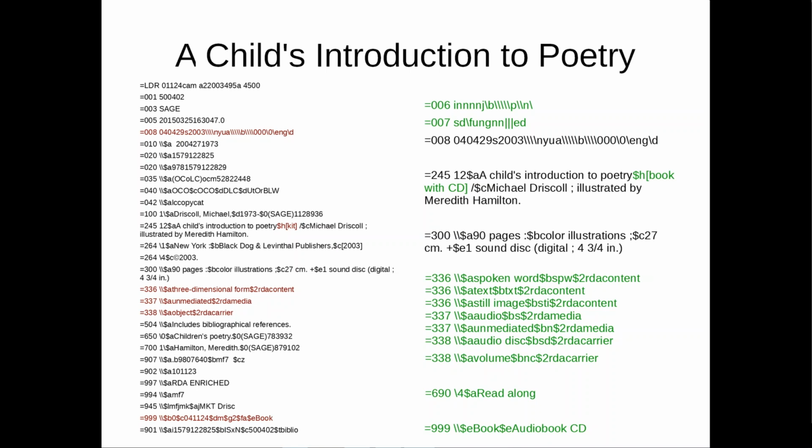And then in the 300 field, we've got the description of the book, with sound disc or CD as the subfield E. In the original record, only one set of 33Xs was actually included, so here I've provided the full set of 33Xs that would need to be in the record.